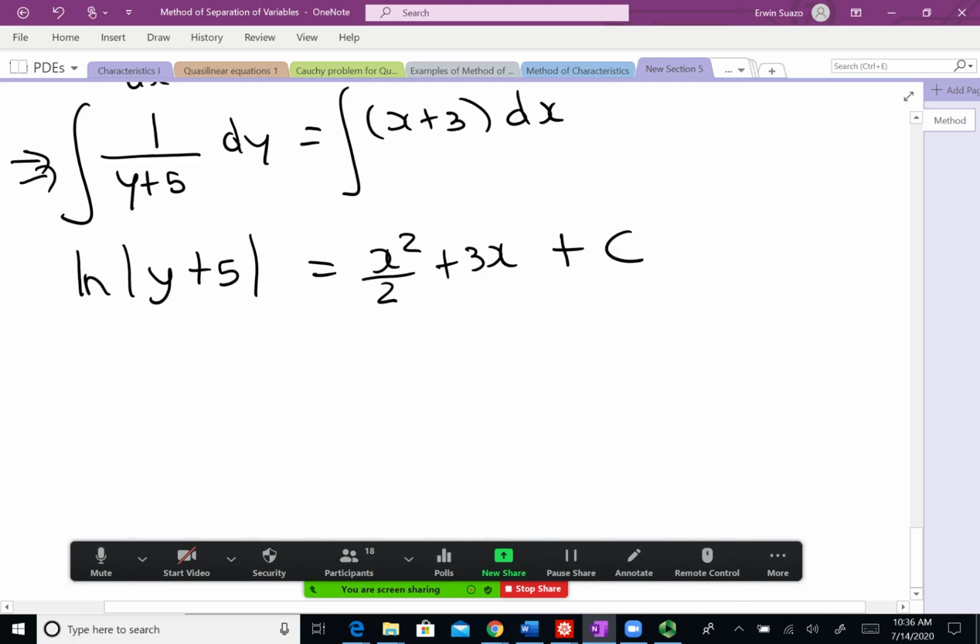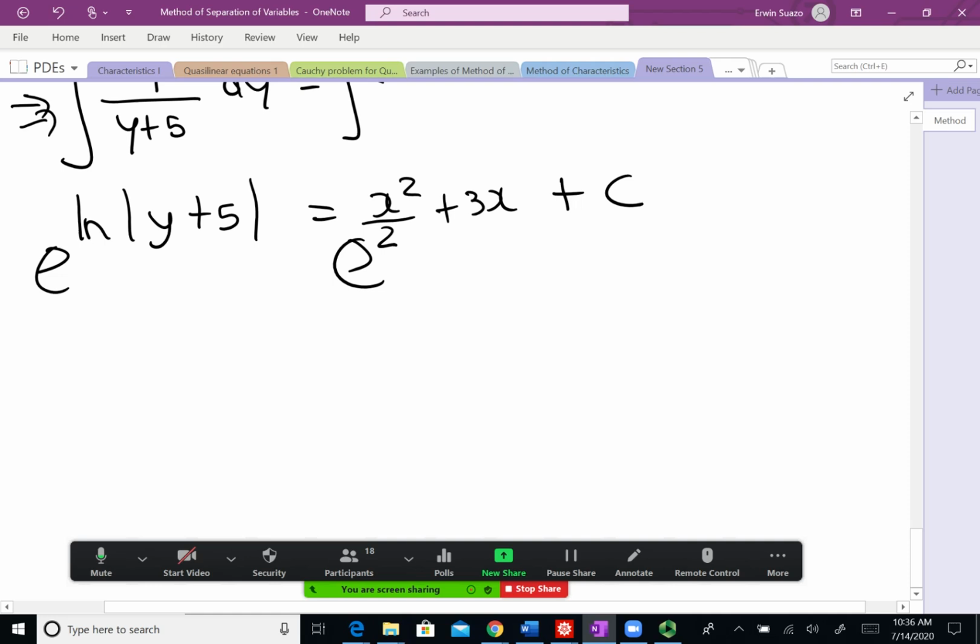Okay, but what do we do now? Because I need y, right? Yeah, exactly. We do the same trick. Exponential, and then we cancel this guy. We got absolute value of y plus 5, and then the same trick as before.